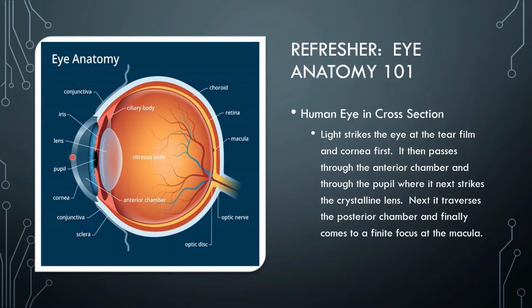Then the fluid-filled chamber, the person's pupil, and then the crystalline lens, whose job is to focus the light. Say we're looking far away, and then we look up close, that lens will change shape to bring the focus point to where we can read.